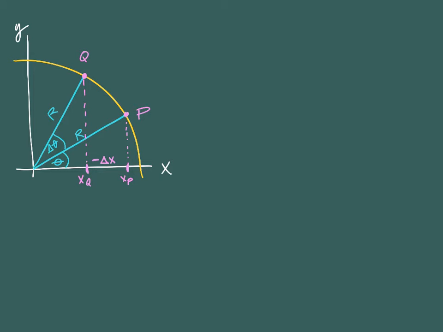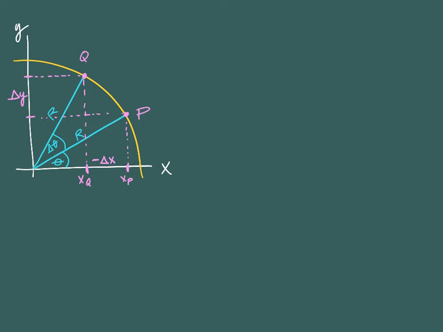You'll see why this is important later, because normally it's just a delta x. But in what direction? Because we're paying attention to directions here. And if we did a similar thing on the y-axis, we get a delta y here.